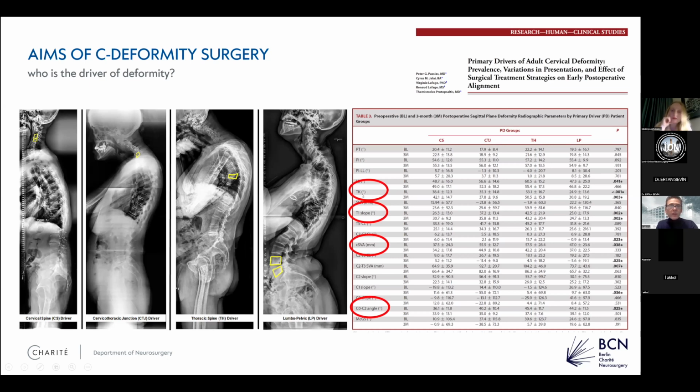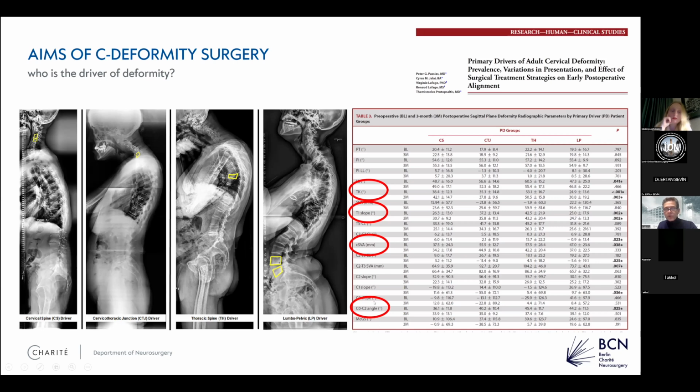So obviously, if the thoracic spine is the driver, these patients have an increased thoracic kyphosis. And I mentioned the relevance of the T1 slope that is increasing with subcervical drivers. I mentioned the plumb line, which is more pronounced in subcervical pathologies than in cervical pathologies.